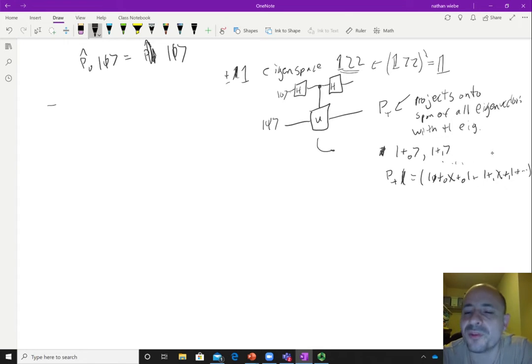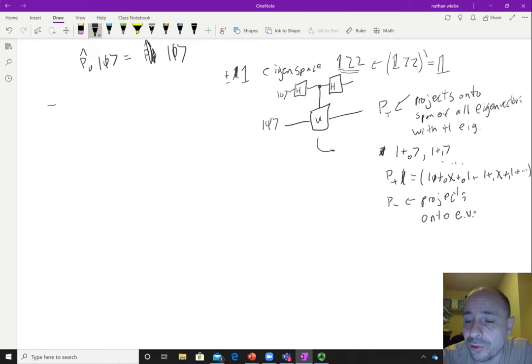So very explicitly, this is the matrix that would implement that projection. Okay, cool. So then we've got this, and P minus is going to be the operator that does the exact same thing, but it will project onto the eigenvectors with -1 eigenvalue.